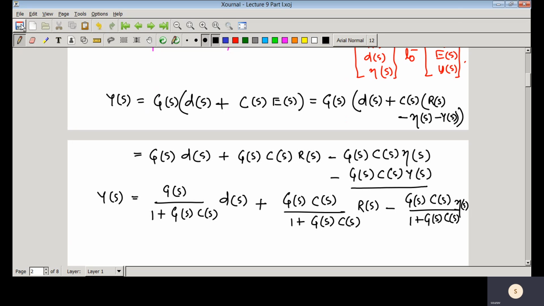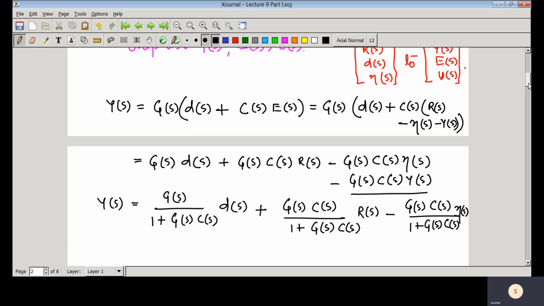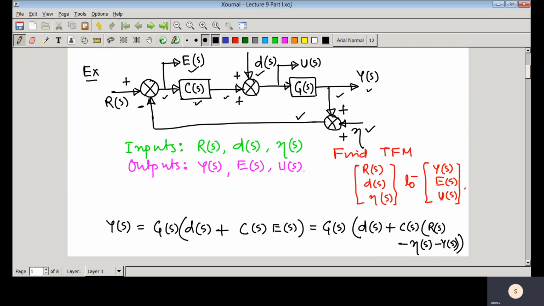You can also see these things without deriving those algebraic equations directly. That means this is YS and this is RS. What is the relationship? As we have discussed, this is the forward path, so GSCS is in the forward path, and this is the feedback path, its transfer function is 1, and you have negative feedback.